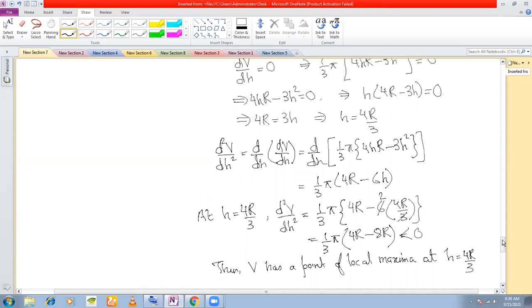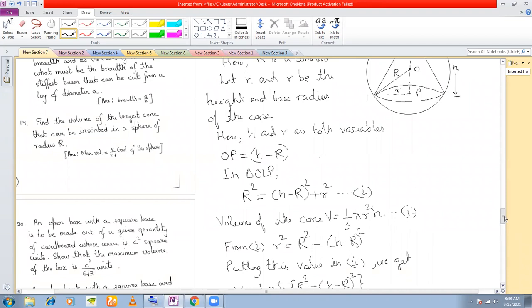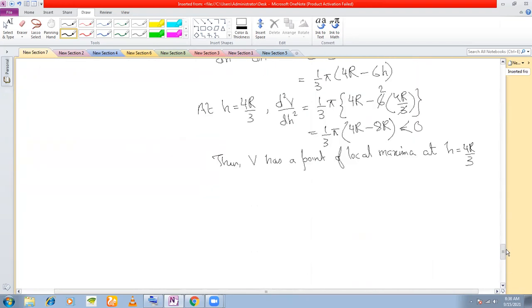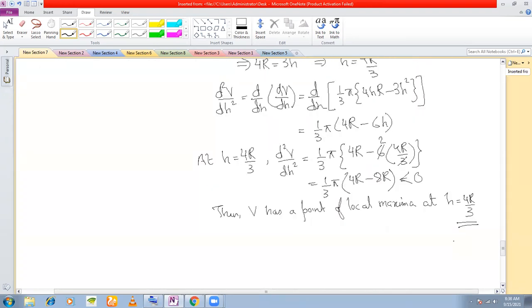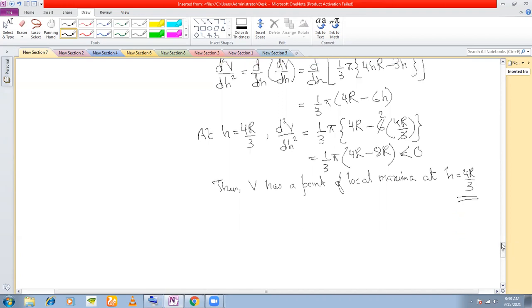Right? Now, what is the question here? If you see the question here, find the volume of the largest cone. You need to find out volume. You've already found out the relation between height of the cone and the radius of the sphere, right? So what should be the volume of the cone? You find out the relation between the radius of the cone and the radius of the sphere.